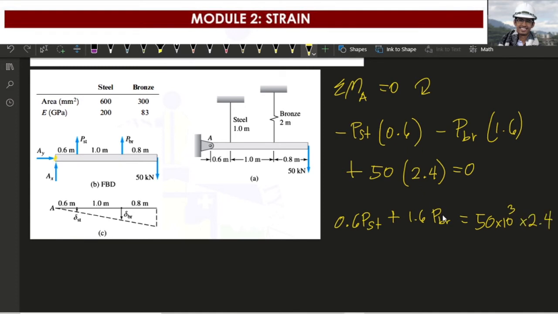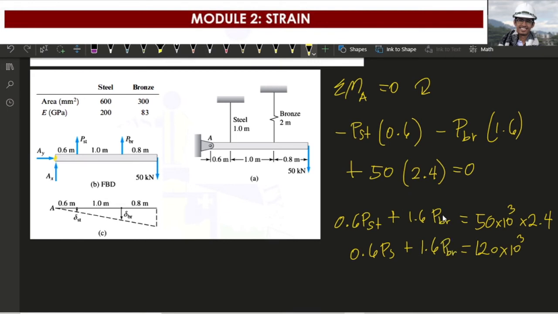Okay? Or that is equal to 120 times 10 raised to 3. Okay? So 0.6 plus 1.6. So this will be our equation 1.